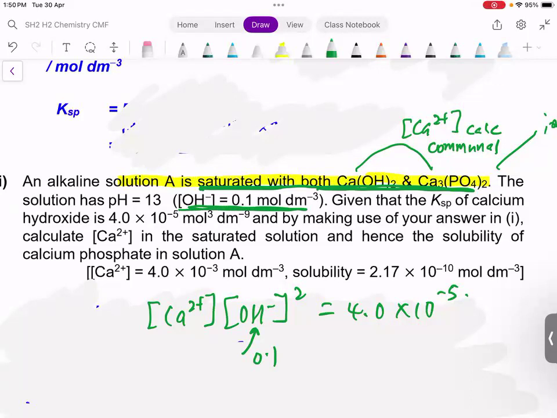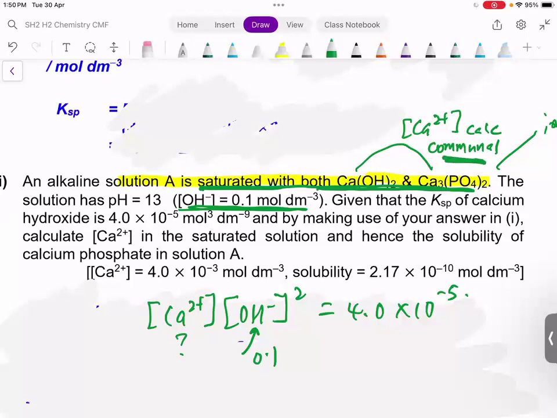No, no need to multiply by 2, because the concentration of OH minus here is already the total concentration. The pH is already measured from the mixture, so it is total by default. You just need to substitute it inside, then you can calculate the concentration of calcium 2 plus, which is shared between the two sparingly soluble salts.